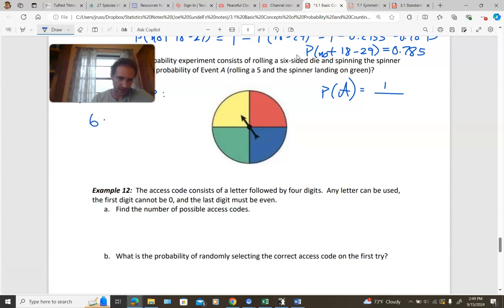So it'd be 6 times, and then this spinner has 4 different colors, so there's 4 outcomes there. So 6 times 4, okay, which is 24. So that means the probability of event A, which is these 2 things occurring in sequence, is going to be 1 out of 24. Okay.